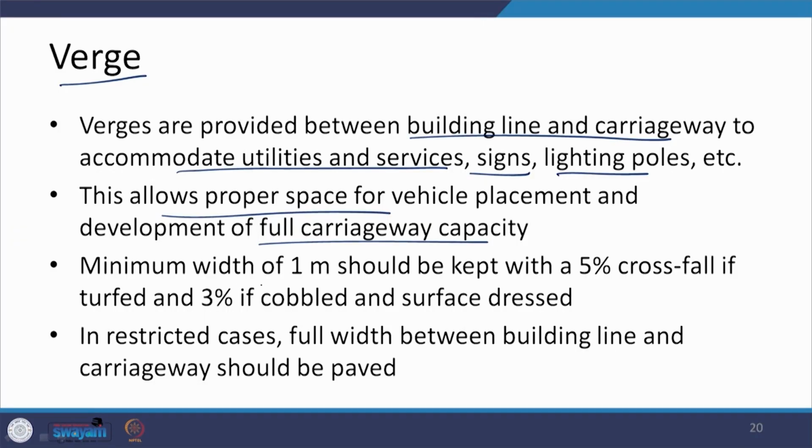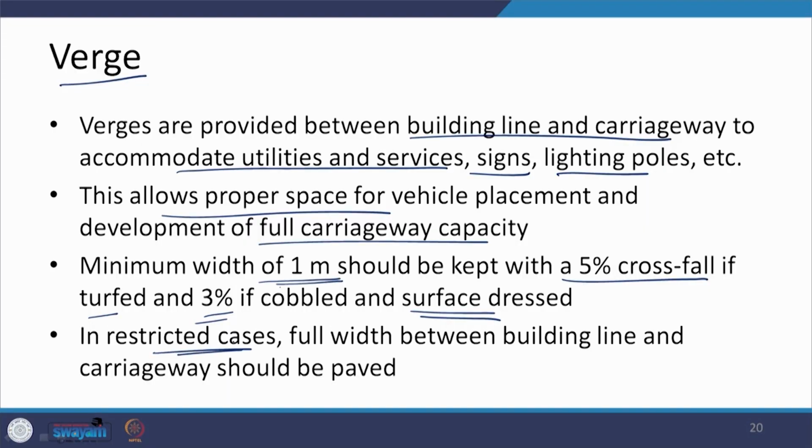The minimum width which needs to be provided is 1 meter, and it is provided with a 5% cross fall, and that 5% is when it is turfed, but if it is a surface dressed or cobbled, then it is 3%. That means there is a material being provided, so the water is not going to penetrate within it. So, we can have a flatter system also.